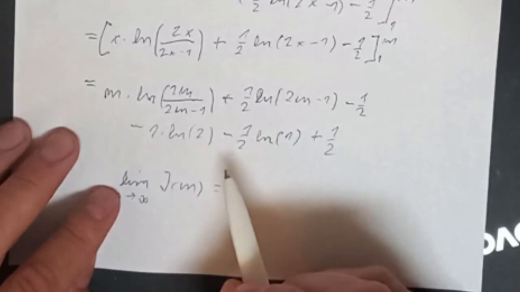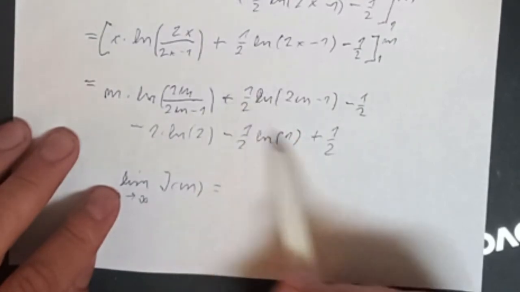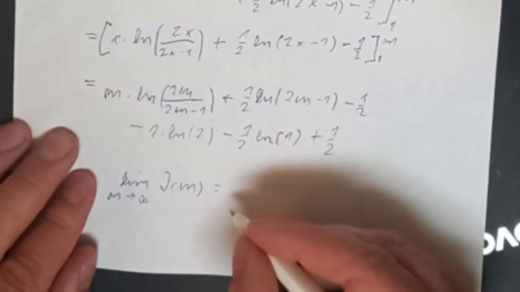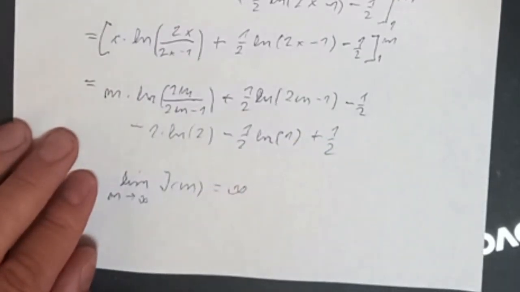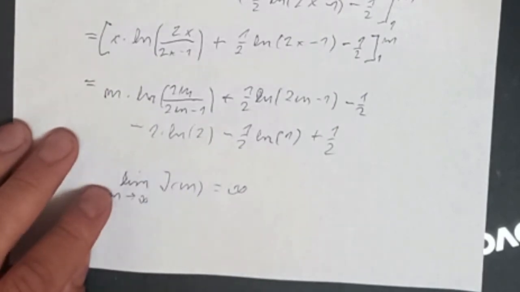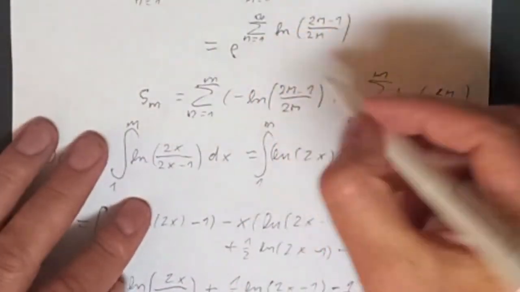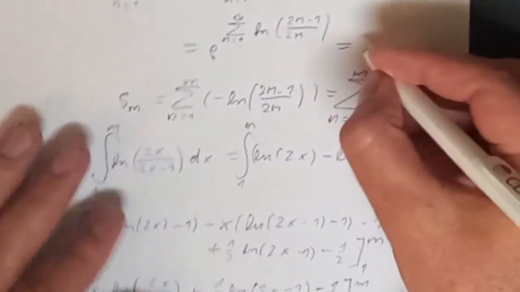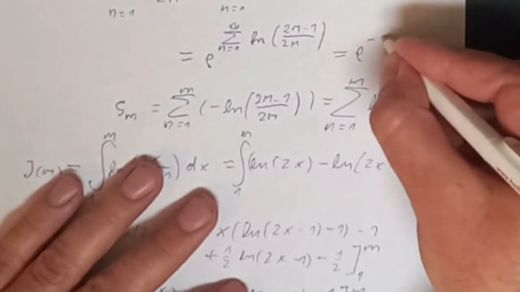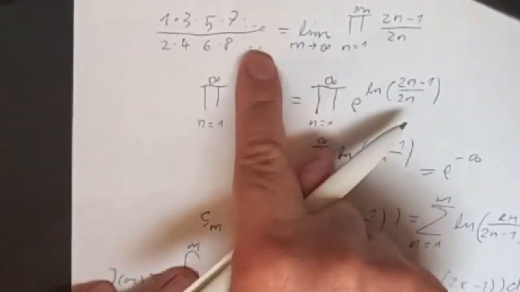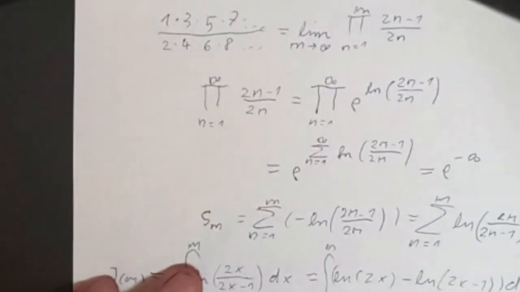So this here goes to infinity. So what we get is I_m goes to infinity. And now if we go back, that means that this here goes to minus infinity. And accordingly, the product here is 0.